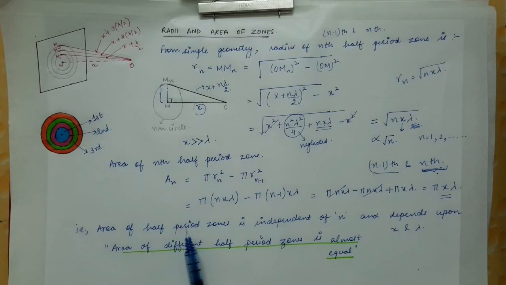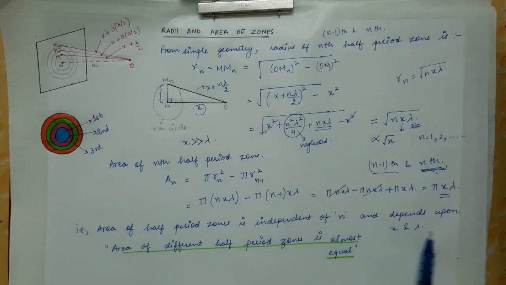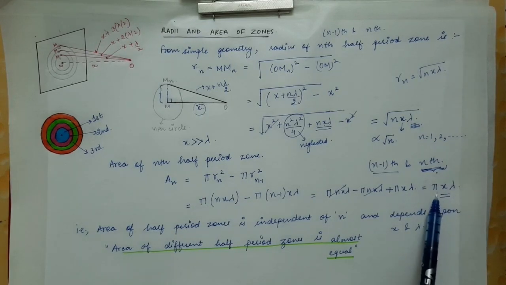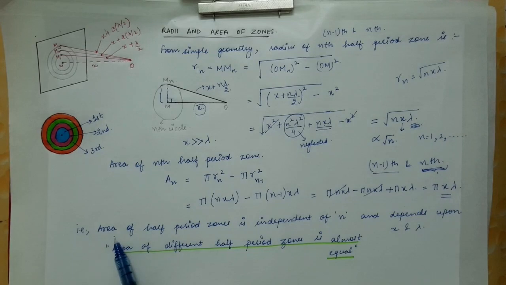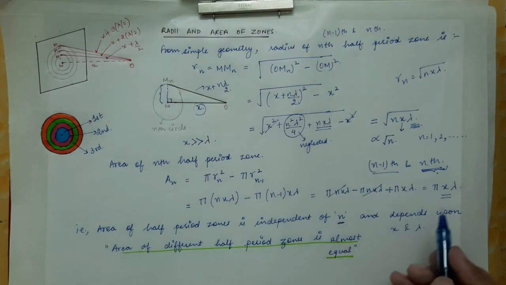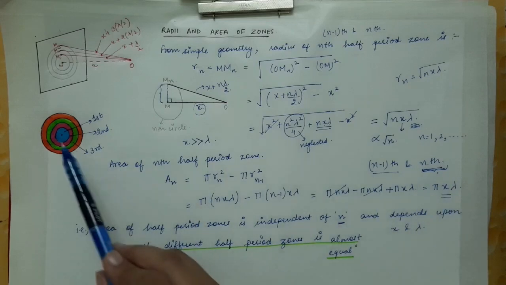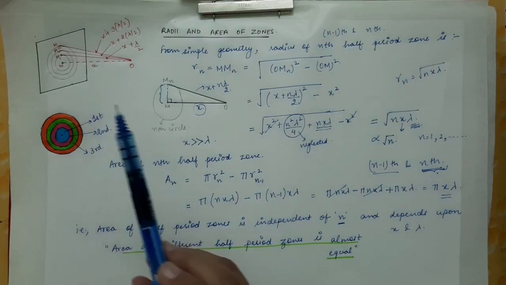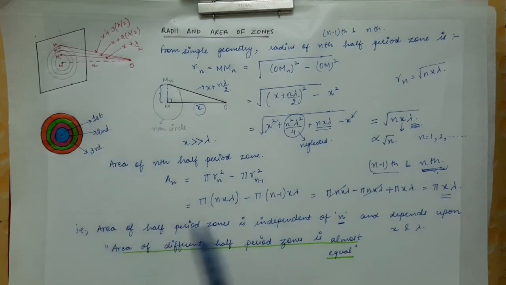So this is the result for the area of the nth half period zone. The area of a half period zone is independent of n. The area of the nth half period zone is equal to pi x lambda, so it does not depend upon the value of n. Which means that the area of all these zones, the first, second, third, fourth and so on, is almost equal.